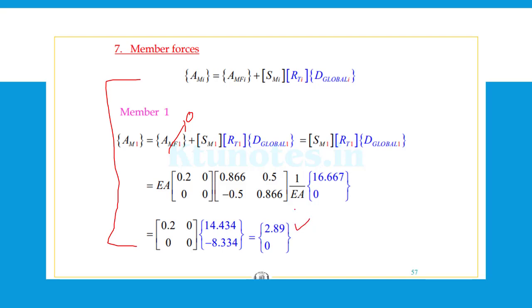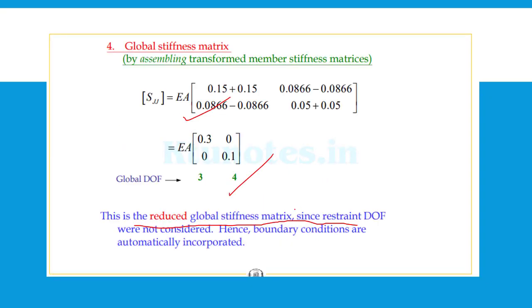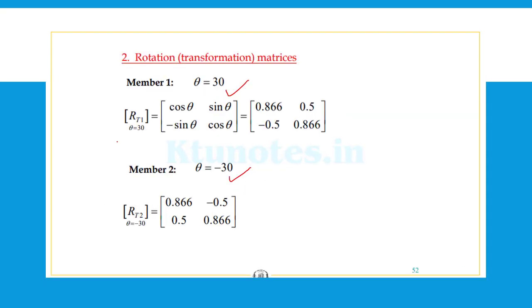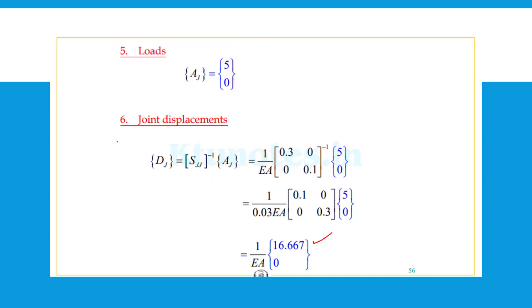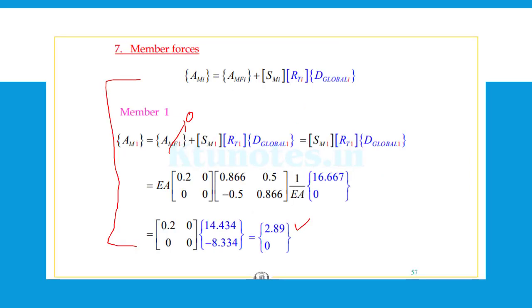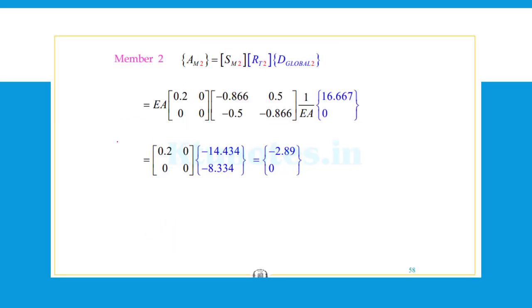So 2.89 will be in the direction of 1, which means this direction. This will be 2.89 and this will be 0. So that will be under tension. Hence the value is positive 2.89, and for member 2 it will be minus 2.89.